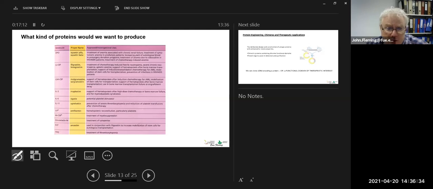Without going through all of them, I would just make reference to this first one here, EPO. I suppose we'd be familiar with this in terms of doping and athletes, but in terms of its clinical or therapeutic use, it can be used to treat anemia and promote the formation of red blood cells that will carry oxygen. So this is another example of a recombinant protein.